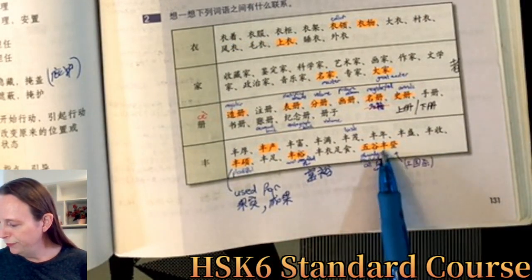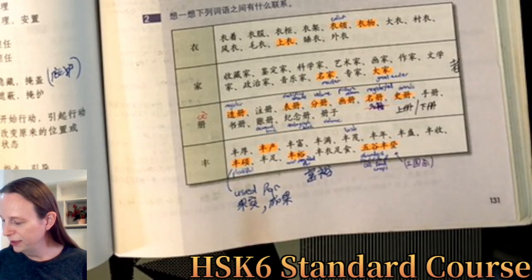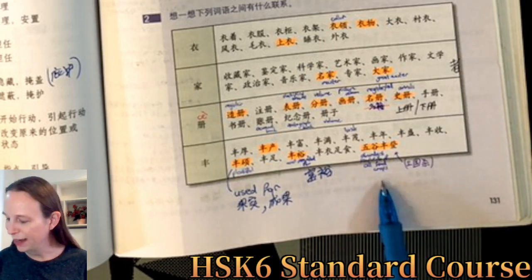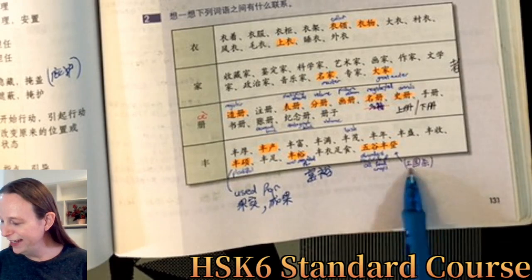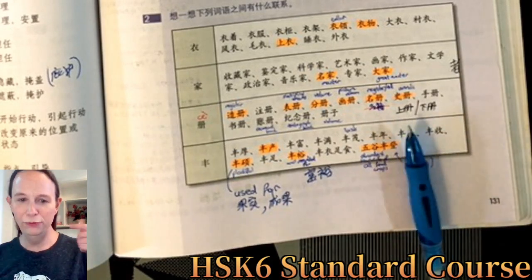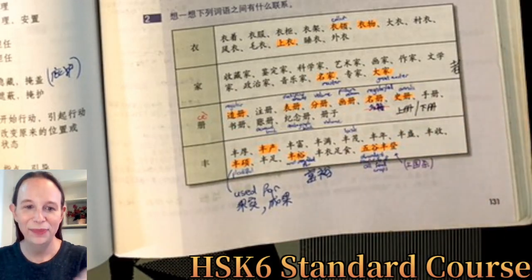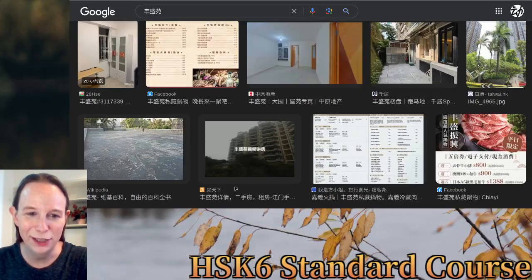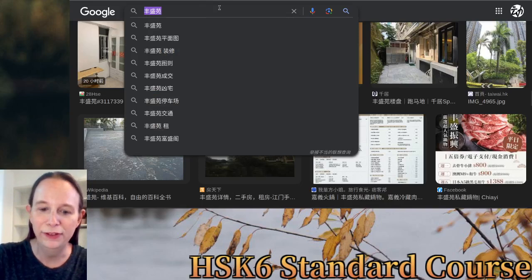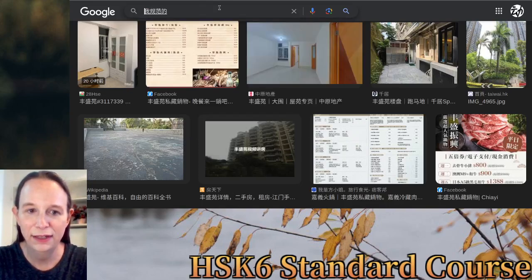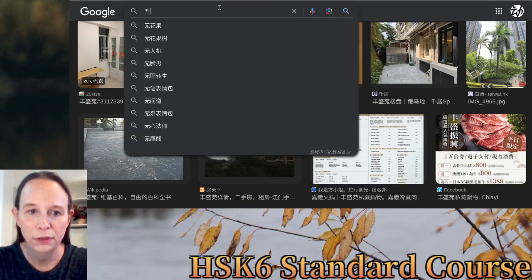Yeah. 五谷丰登. This is a card in 三国杀. Yeah, I've written here 三国杀. 五谷丰登. This is a card. Have you ever played 三国杀? 五谷.